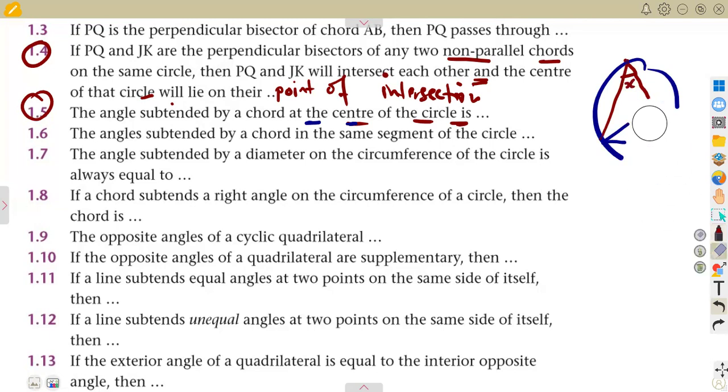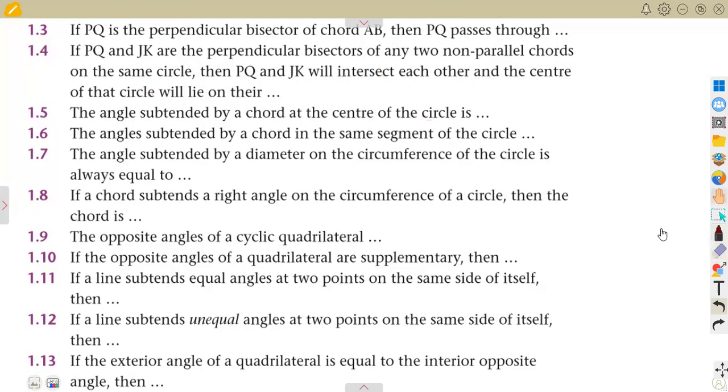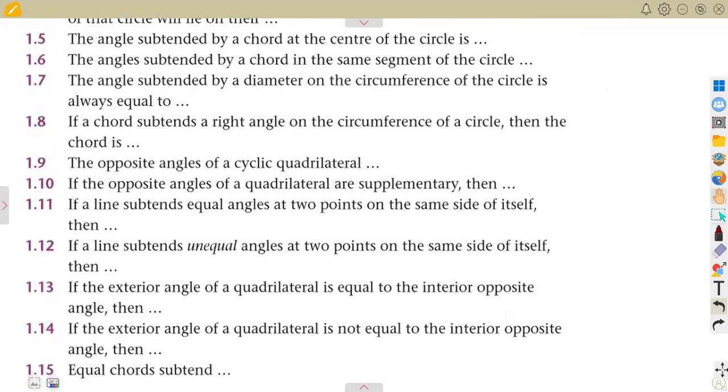Remember, that is what we talked about, guys, that this angle at the center is twice, from our theorem number 3. So here, this is 1.5. Let us try to have this in writing.